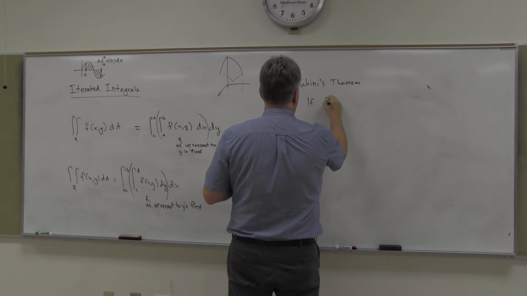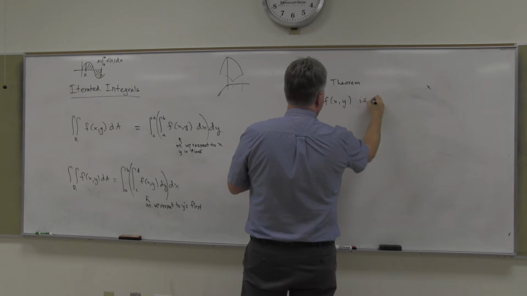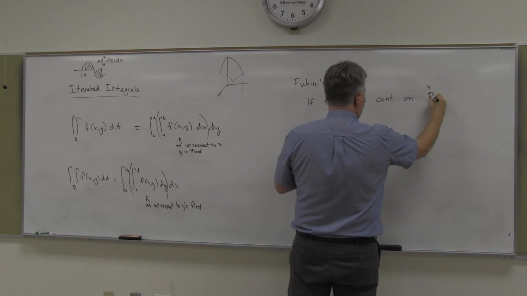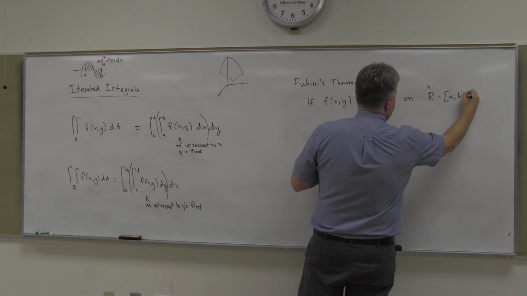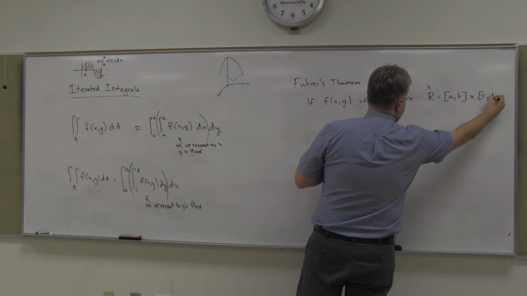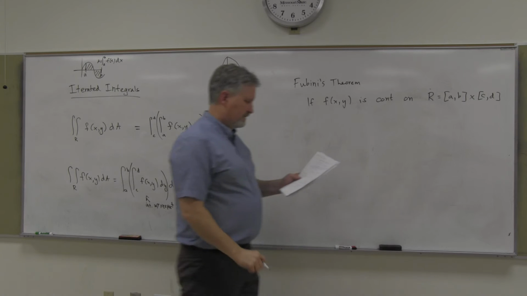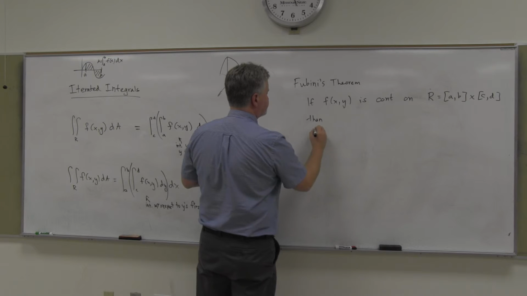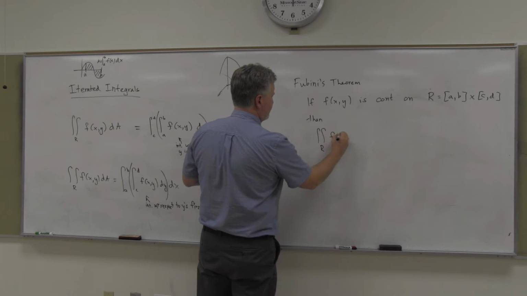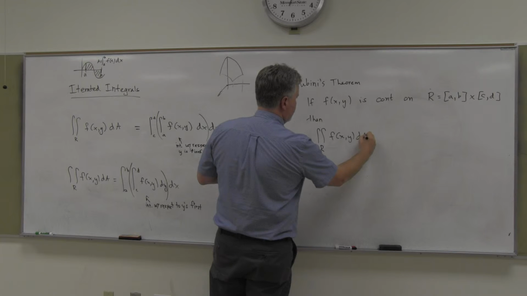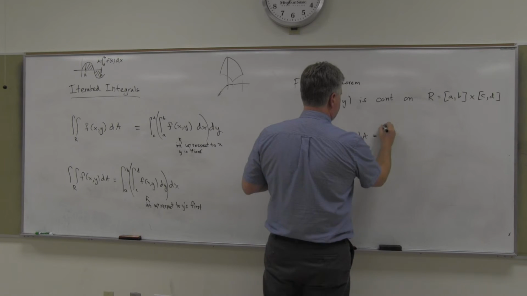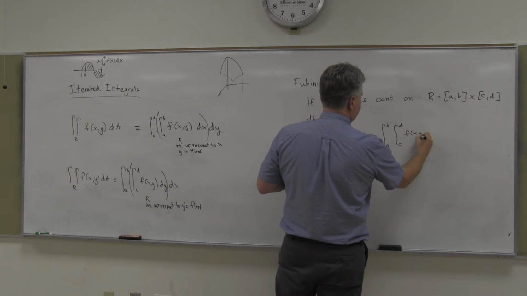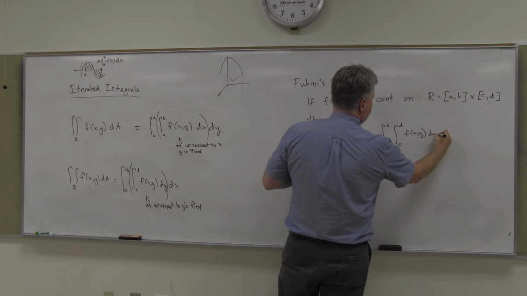If f of xy is continuous on R equals [a,b] by [c,d], where x's are a to b and y's are c to d, then the double integral over R of f of xy dA equals the integral from a to b and then c to d of f of xy, the y's first, dx.